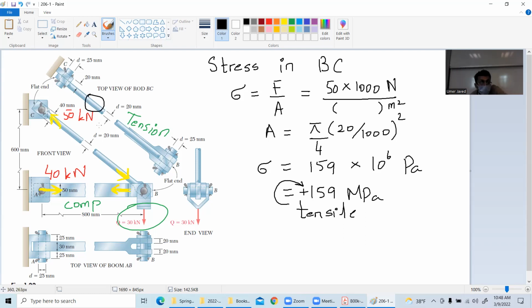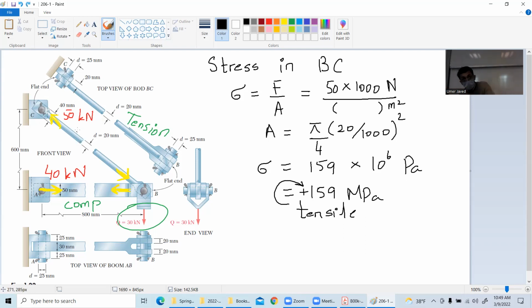Just having a look, I don't know from where the structure can break. What is the weakest link? How would I know? It is quite possible that the weakest link in this bar is actually this other portion. But I was focusing on this simple portion, and the answer came out to be 159 megapascals.